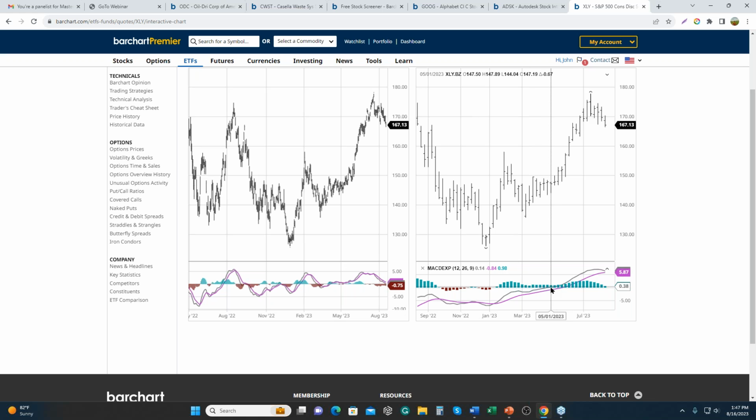It wasn't until about May that the MACD line of the weekly got into the positive, and I think that corresponds pretty closely to our breakout right in there.